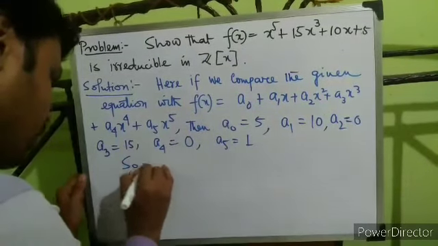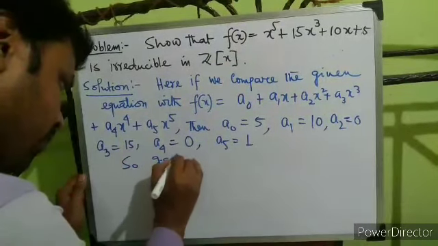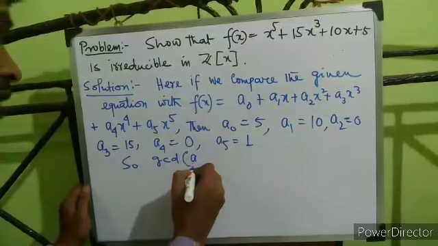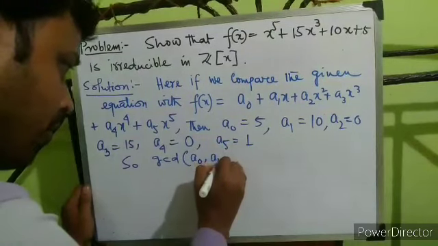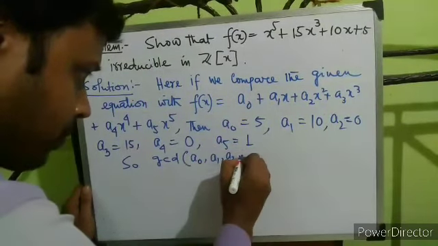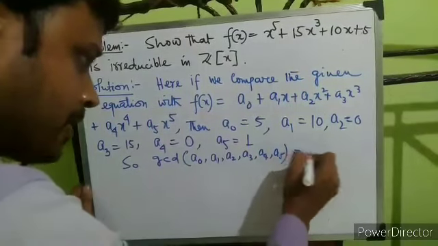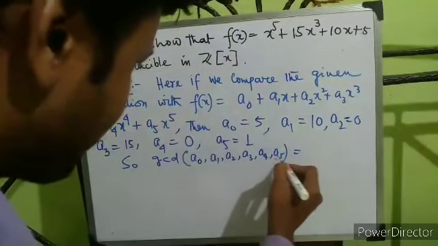So the GCD of a0, a1, a2, a3, a4, a5 is equal to 1, because a5 is equal to 1.